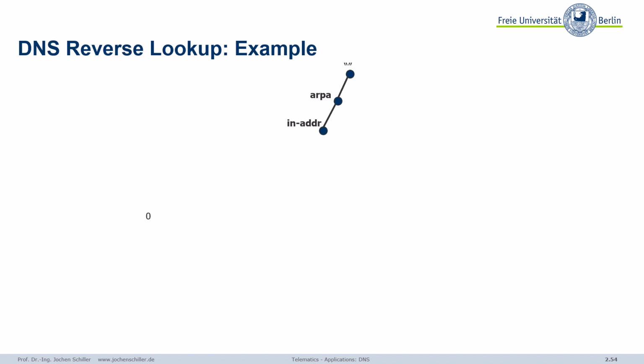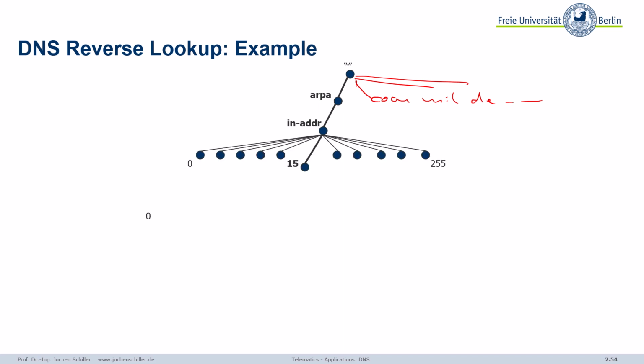So how does it work? We have this tree, and this is how it starts. Maybe you remember we have the .com and whatever, mil, de, all the others. And we also have this ARPA, and under ARPA we have in-addr.